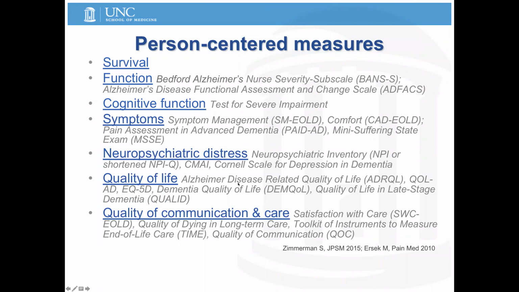So I'm here to tell you that those domains have measures, and there's, as usual, quite an array of potential person-centered measures that could be used in clinical trials for the AD-ADRD population. I've listed them here, and I've specifically pulled out individual measures that may be familiar to many of you, as well as highlighting their abbreviations, because those are sometimes how we know them.